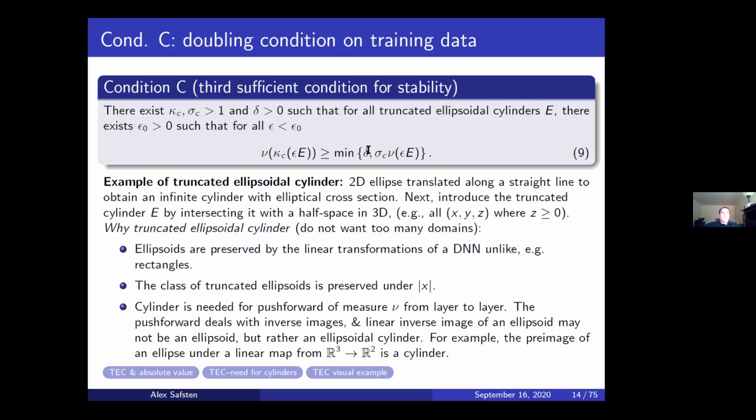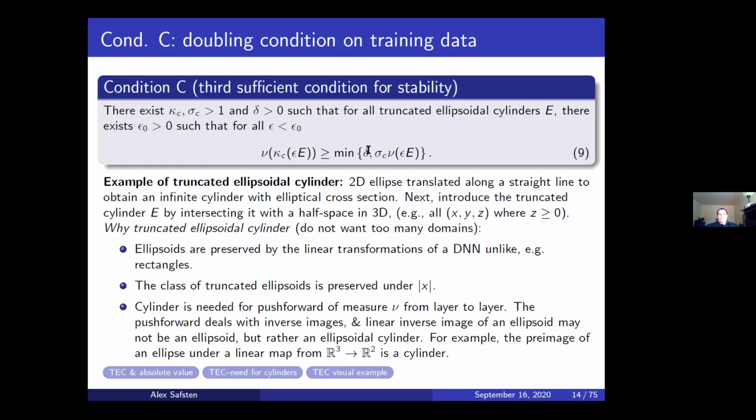in propagating this condition through the deep neural network, we will end up using the push forward measure. And if you're familiar with the push forward measure, it deals with inverse maps. So the inverse of a linear map does not preserve ellipsoids. However, it does preserve ellipsoidal cylinders. So it may, if the linear map is singular, map an ellipsoid to an ellipsoidal cylinder.